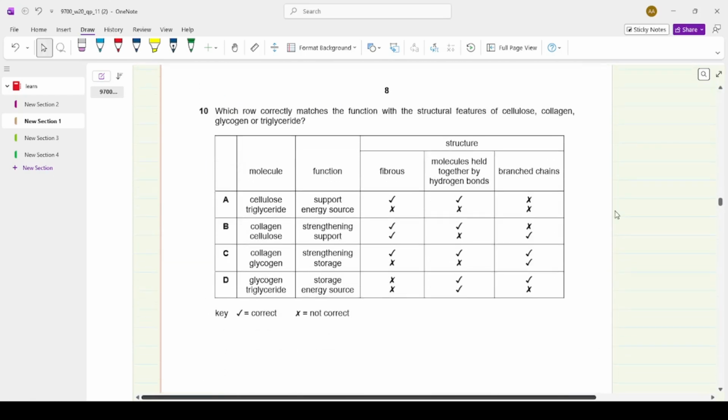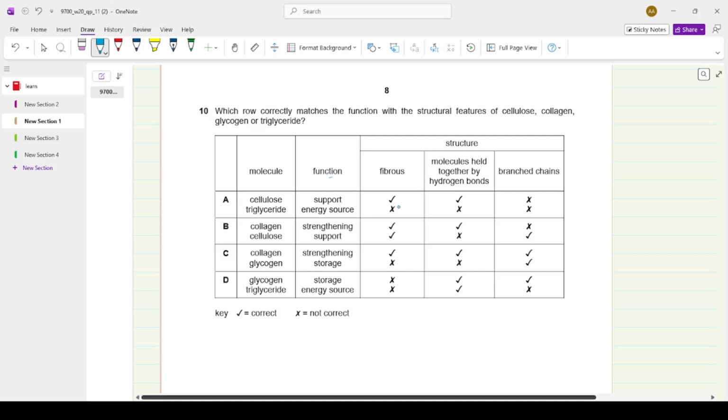Number 10 was which row correctly matches the function with the structural features of cellulose, collagen, glycogen, or triglyceride. So the molecule, and then also the function plus the structure. Part A, they are saying cellulose: function for support, that is true.